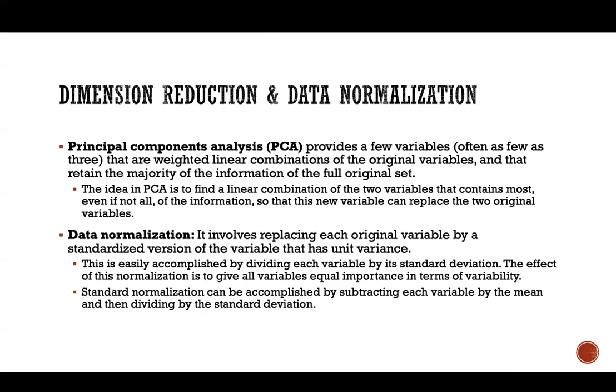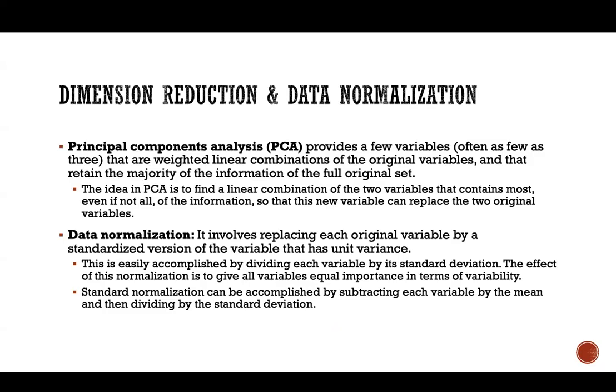Basically, if we have a large number of cases, several customers for which we have certain attributes, and there are several attributes that we are looking at, for example age, gender, monthly income, etc., what principal component analysis does is provide a few variables, sometimes as few as three attributes, that are weighted combinations of the original variables.